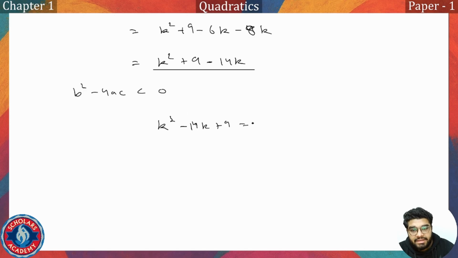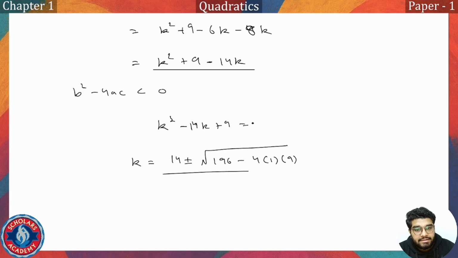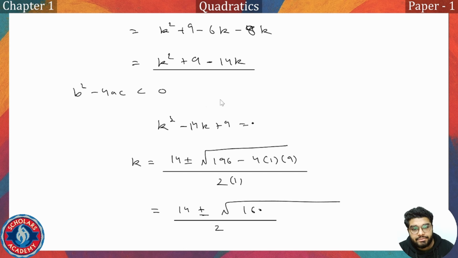I can find the value of k by the quadratic formula. k is equal to (14 ± √(14² − 4, A is 1 and C is 9)) divided by 2 times 1. So that is 196 minus 4, 9 fours are 36, and if we subtract 36 from here we get (14 ± √160)/2.